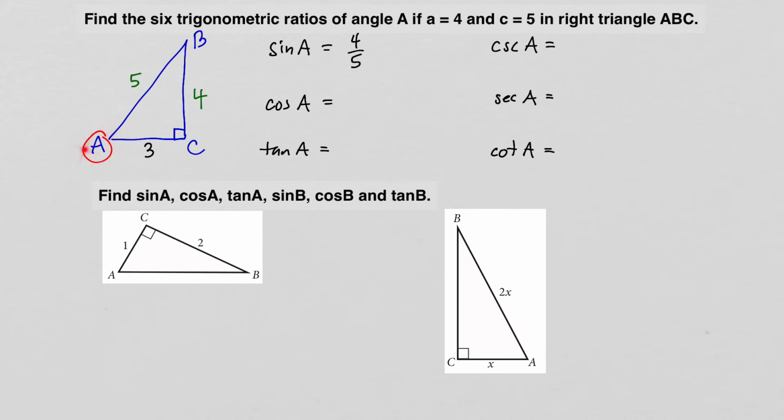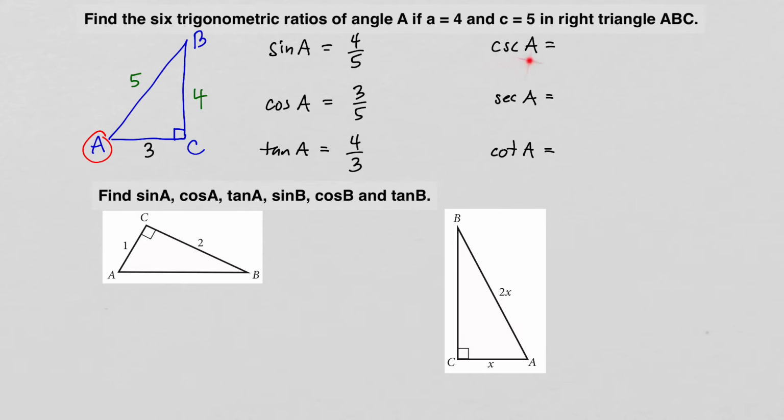The cosine of angle A is the adjacent side, which is 3, divided by the hypotenuse, which is 5. So the cosine of angle A is 3/5. And finally, the tangent is defined to be the opposite side divided by the adjacent side. And so for this triangle, that's going to be 4/3.